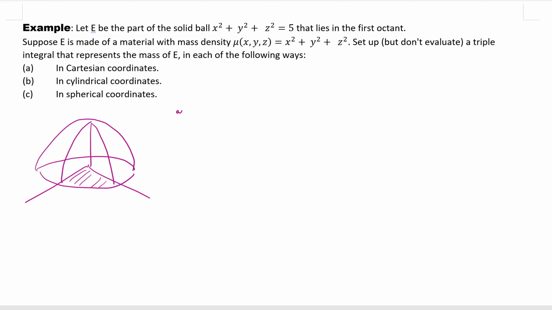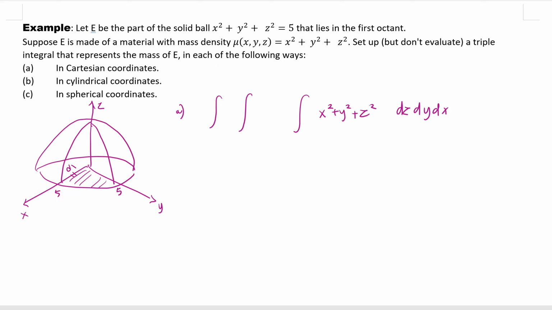Next, for A, we want to use Cartesian coordinates x, y, and z. So in this picture, I would do the integral, and inside is x squared plus y squared plus z squared, that's the density function. Let's do dz, dy, dx. I will do dx first, and this is a circle with radius 5, right?